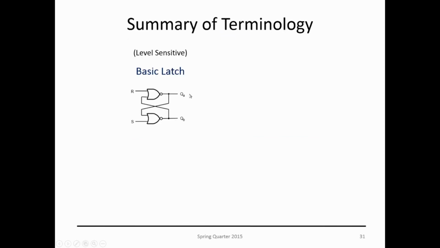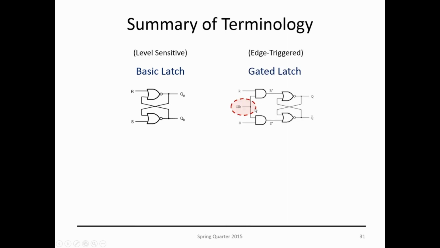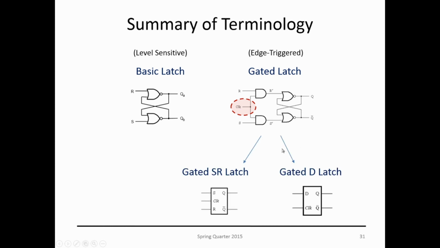Summary of terminology, so we start by covering a basic latch, which is level sensitive. We connect them together with an enable, we call here clock, can also be called clock, then we call it gated latch. And now there are two variations of this one, the gated SR latch or the gated D latch, where we put the SR connected together.